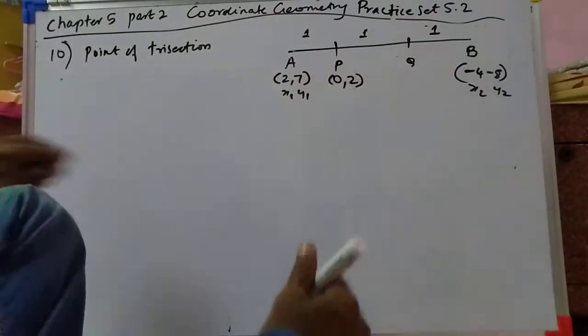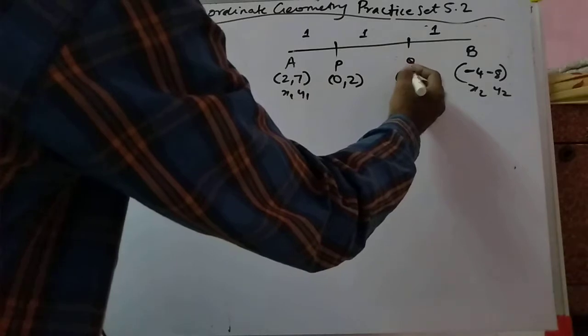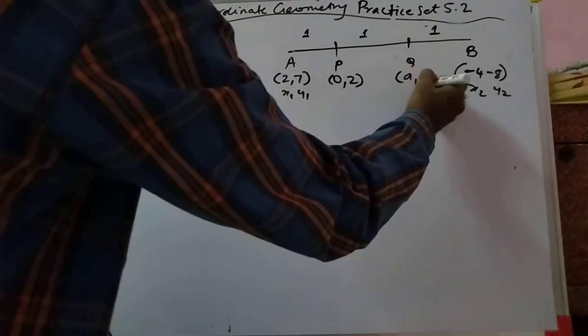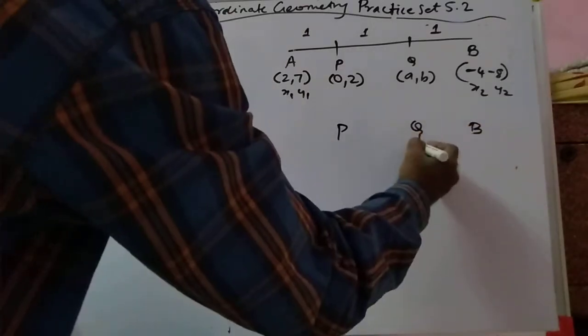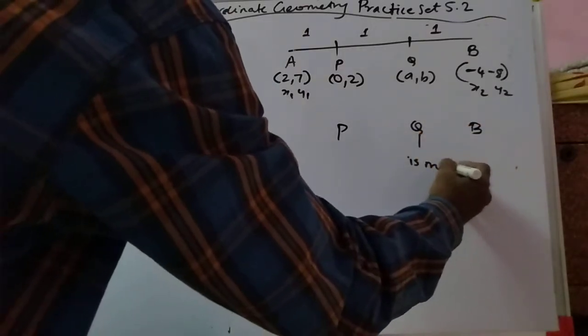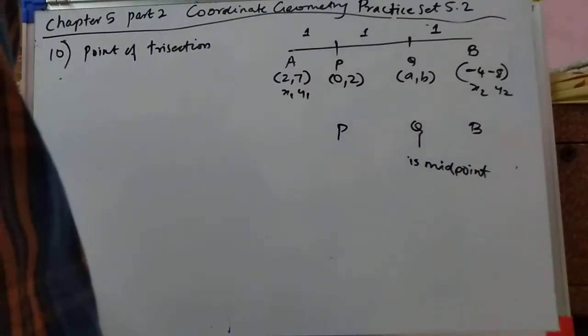Now let us find Q. Take it as A and B. Q is the midpoint, because this is 1, this is also 1.